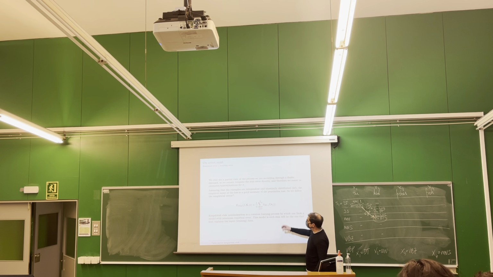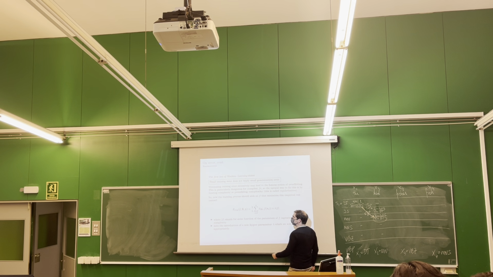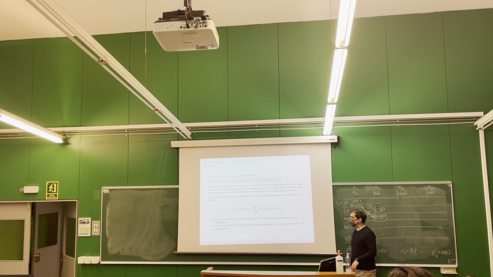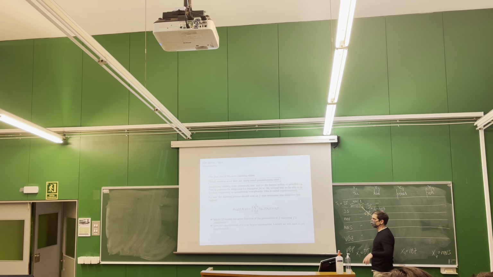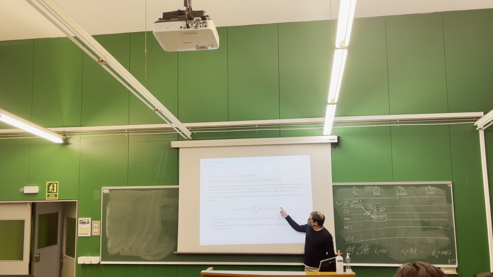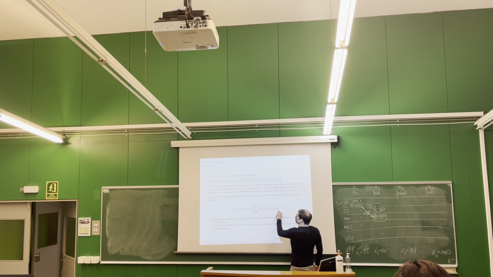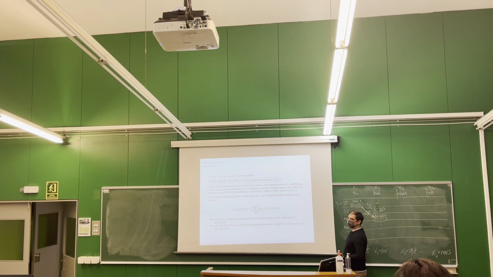Instead of minimizing this empirical error, we will minimize this regularized error. The regularized error has two parts. The first one is the empirical error, as said before. But now we will add this term. This term is a penalty that depends on the complexity of the function.